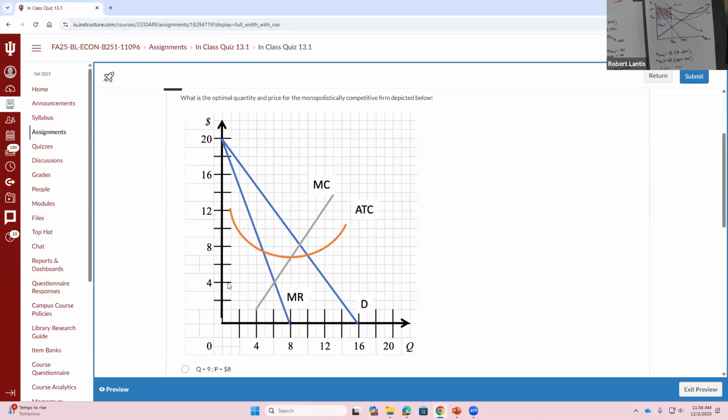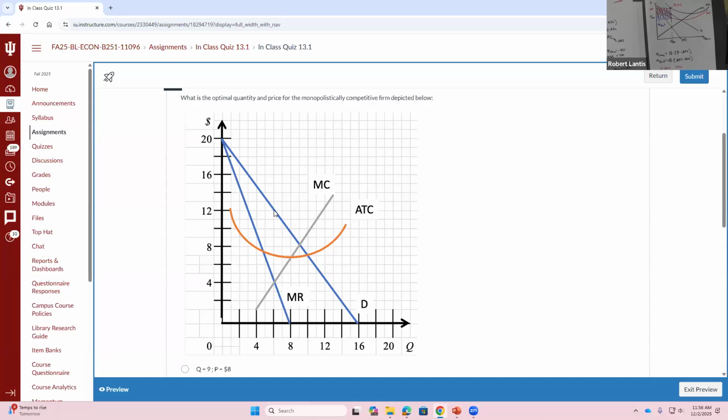It's not going to be 4, right? I go up to the demand curve at that quantity of 6, and I set the price at 12, okay? The quantity I set to maximize profits will be 6, and then I go up to the demand curve to set the price. The price that would result in 6 units being sold would be $12.